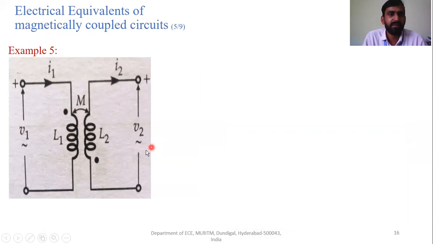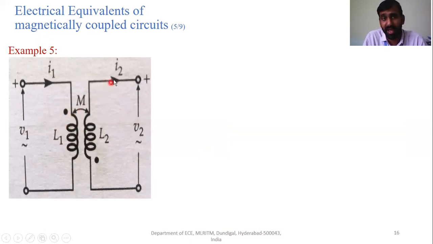So look at here. You can observe the direction of the current I1 in the left hand side loop. The current I1 is entering the coil through the dot.